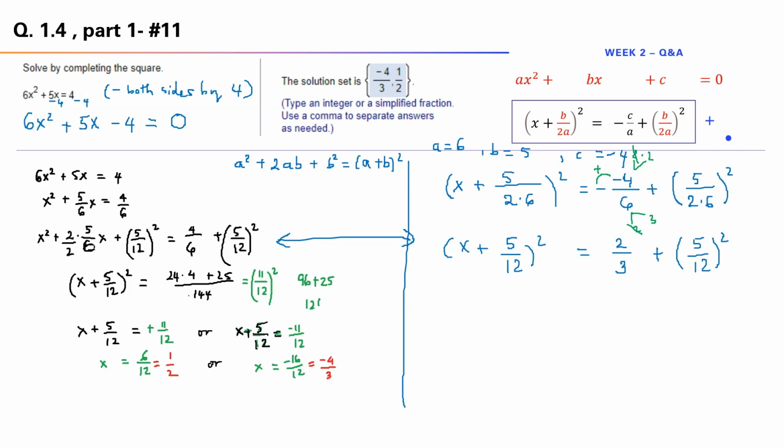Alright, so it's similar, so we can solve similarly, right? We can continue with it.